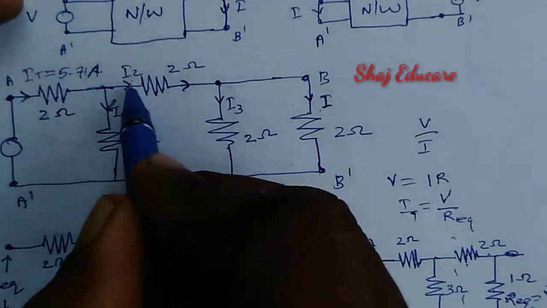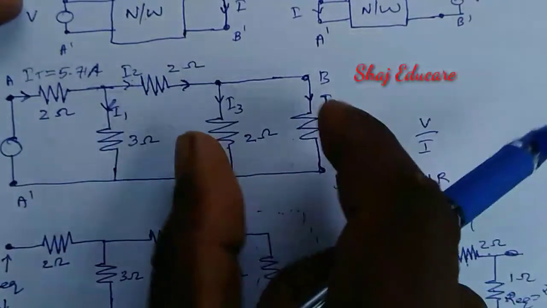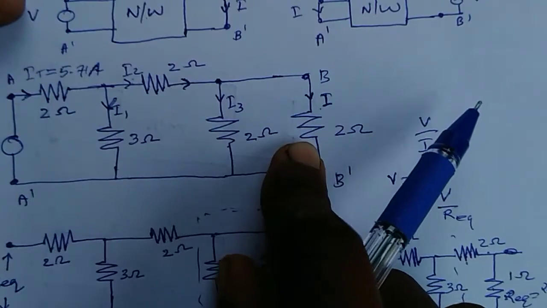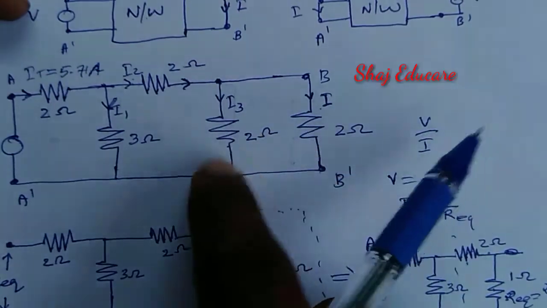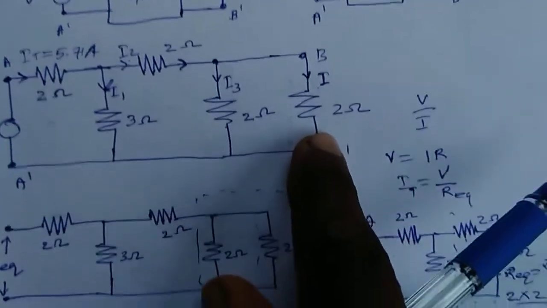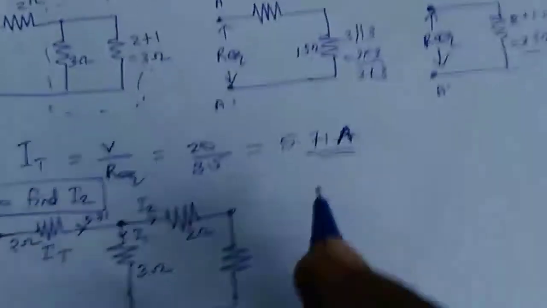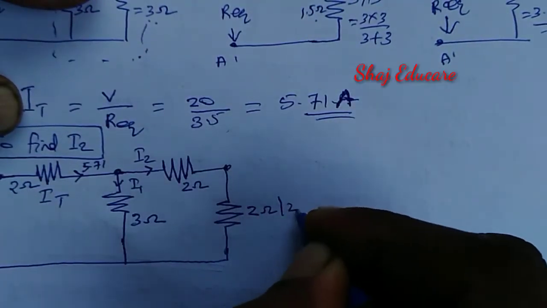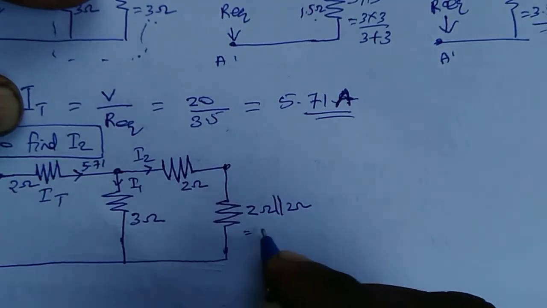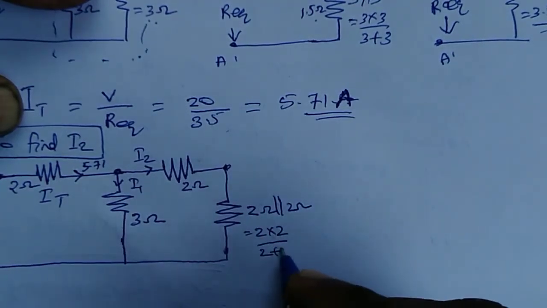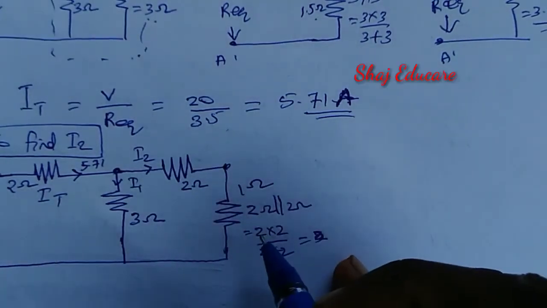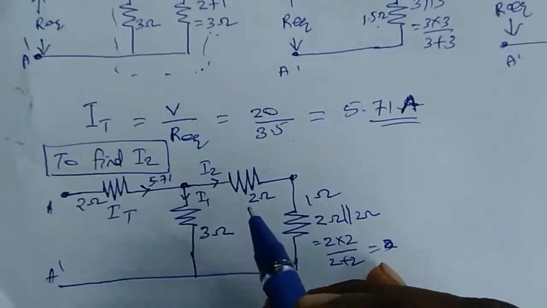First of all I am going to find I2. For that purpose I am going to replace these two resistances with their equivalent resistance. These 2 ohm and 2 ohm are parallel, so 2 ohm parallel 2 ohm is 2 into 2 divided by 2 plus 2, which gives 1 ohm.